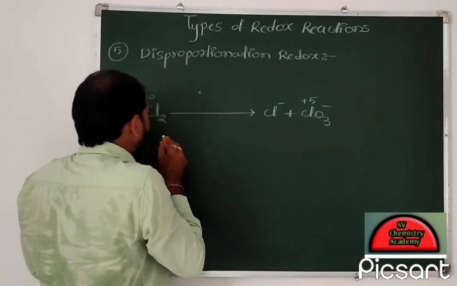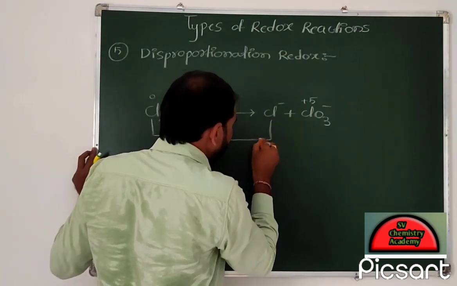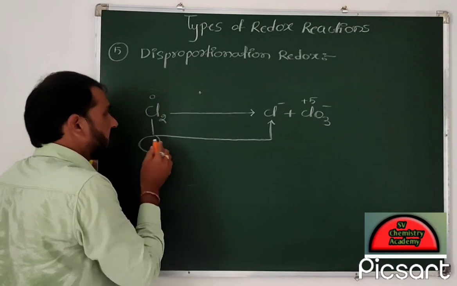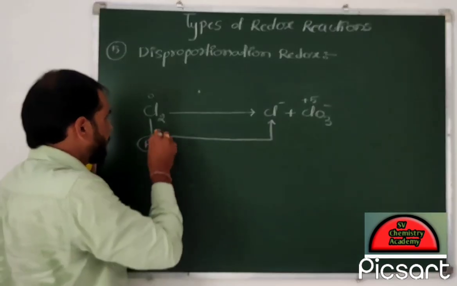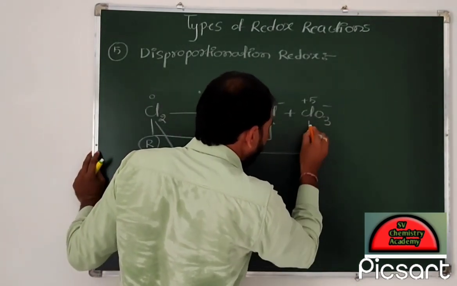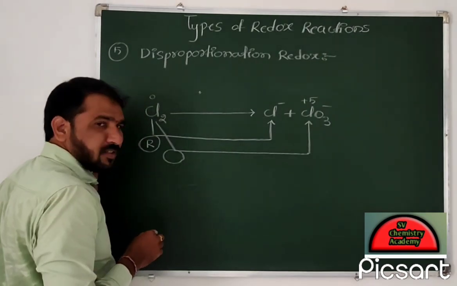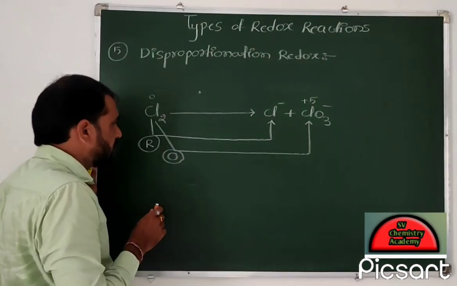Is it clear? Then here the 0 oxidation state is first converted to -1 oxidation state. Here there is gaining of electrons. That's why this process is called reduction. And then the 0 oxidation state is converted the second time to +5 oxidation state. That process is called oxidation because of losing of electrons. Right?